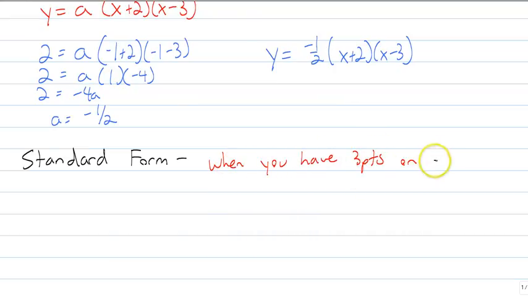3 points on the graph that are not like the intercepts or vertex or anything. So these are just 3 generic points. The form for standard form, which you guys should already understand because we have been dealing with it, is ax squared plus bx plus c, where a, b, and c are numbers.